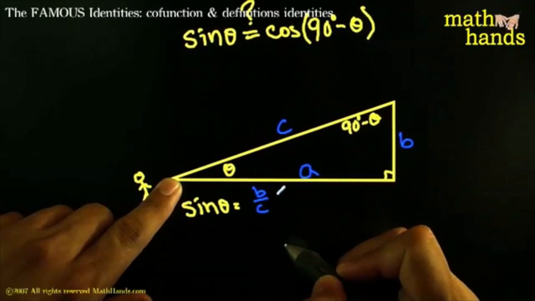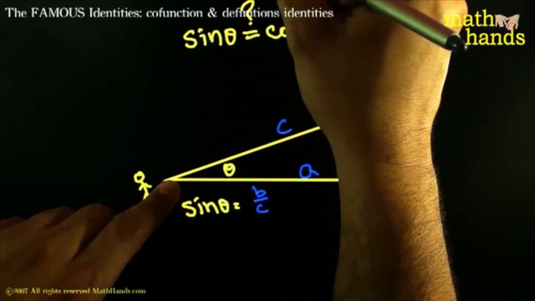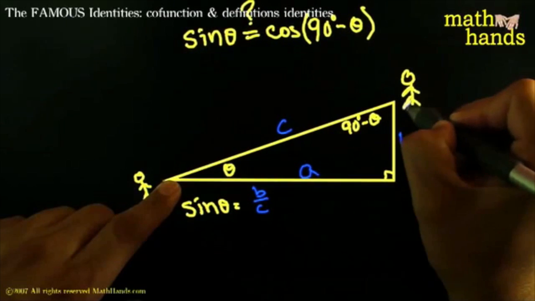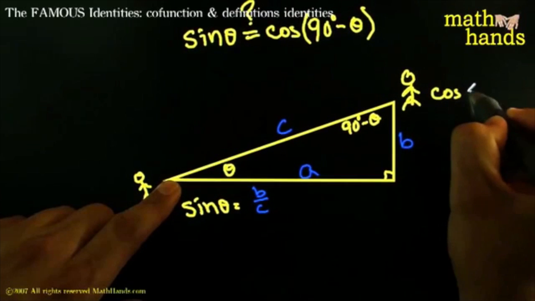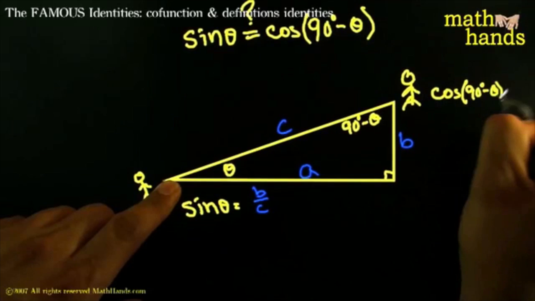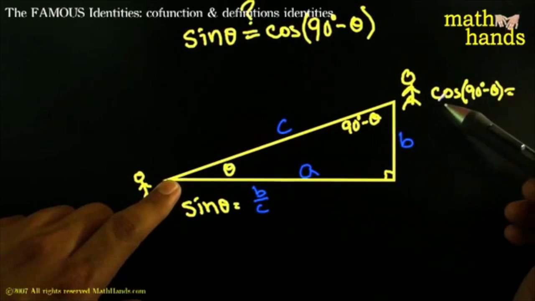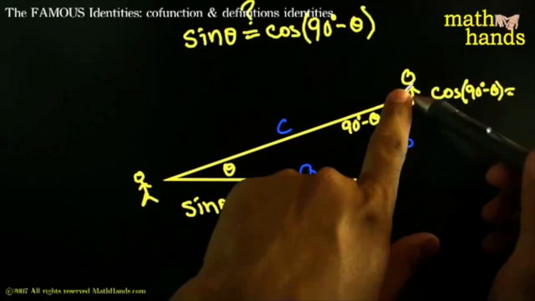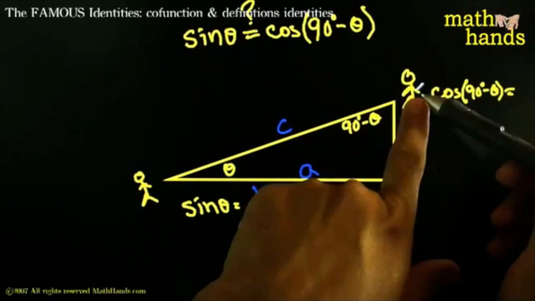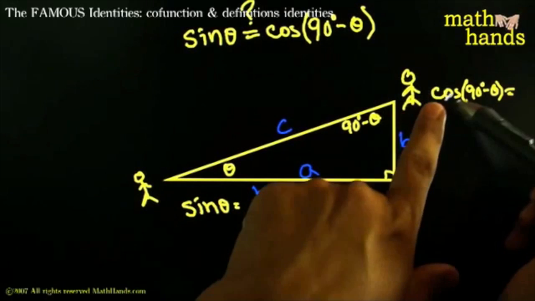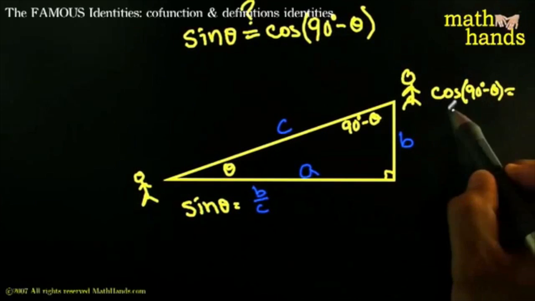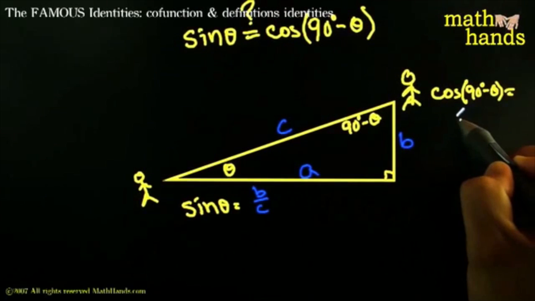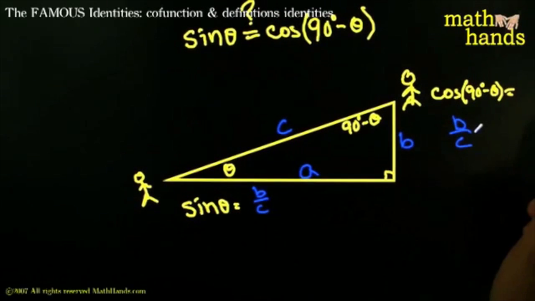Clear? On the other hand, if you stand on the complementary angle, over here, you read the cosine ratio of this angle, which is 90 degrees minus theta. You would be reading the ratio of, from this point of view, the cosine ratio would be the adjacent, but from this point of view, the adjacent would be B. The hypotenuse would be C. So from this point of view, you can read off cosine 90 degrees minus theta is equal to adjacent over hypotenuse.